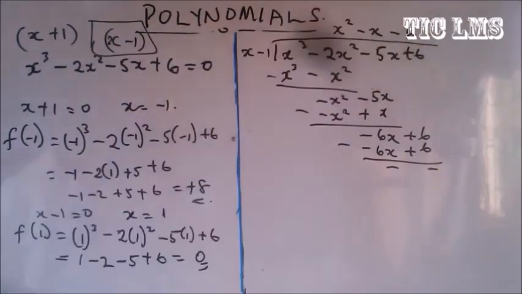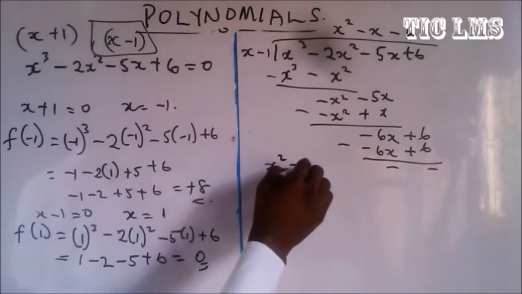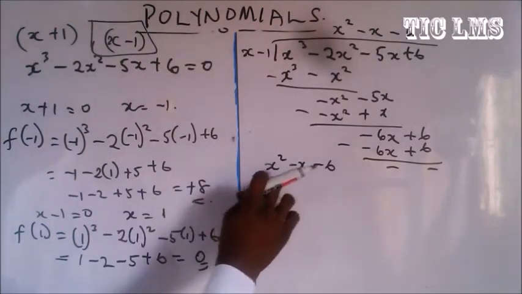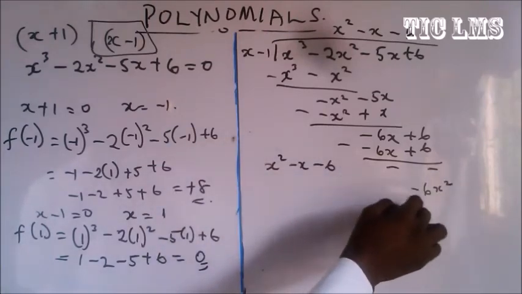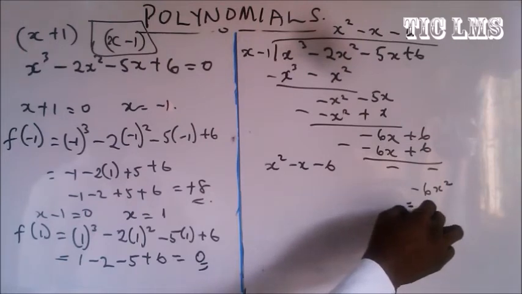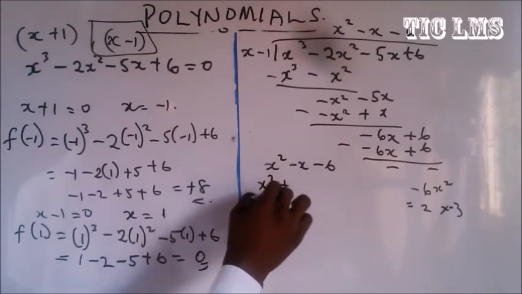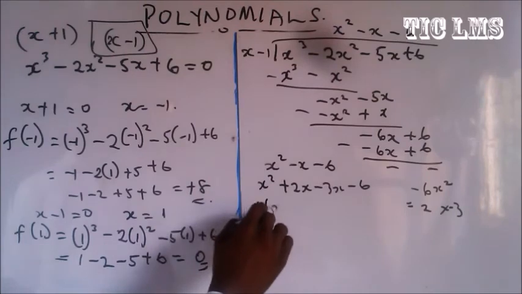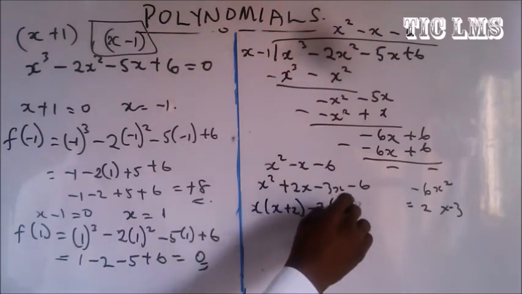Next, here is our quotient, and this quotient, which is x squared minus x minus 6, can be factorized in order to get the remaining two factors. Minus 6 multiplied by x squared gives minus 6x squared. And so the factors we shall be using here will be 2 times 3. We have minus here. So that will be x squared plus 2x minus 3x minus 6. So we have x into bracket x plus 2 minus 3 into bracket x plus 2.